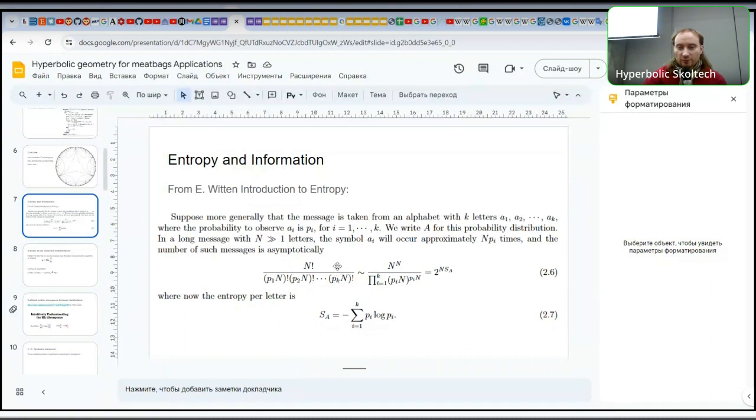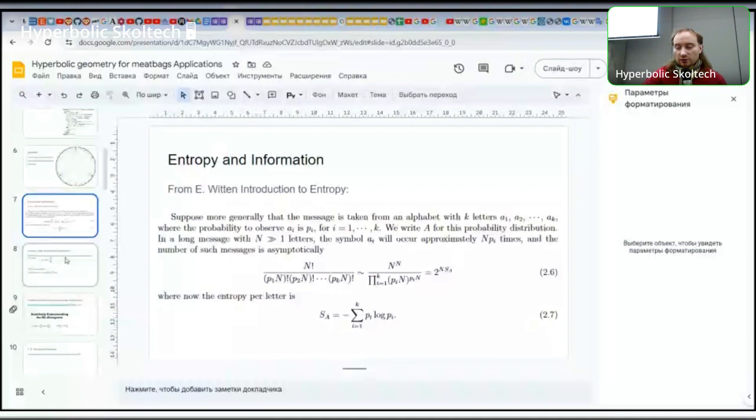So entropy is just an asymptotic bound for some statistical situations.